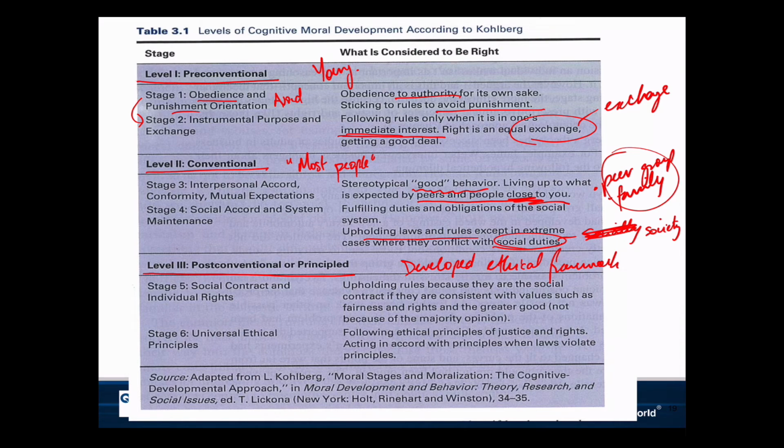Now, Kohlberg says that there's another level above that, and that level is for people who are principled. So they're not doing it in order to get pleasure or pain response, which is stage 1, and they're not doing it because other people say it's the right thing to do, which is level 2. In level 3, they've worked out what the right thing to do is. So they uphold the rules because it's consistent with their ethics.